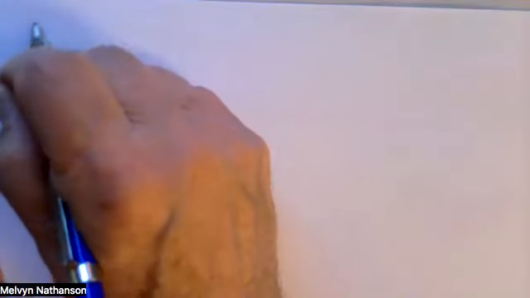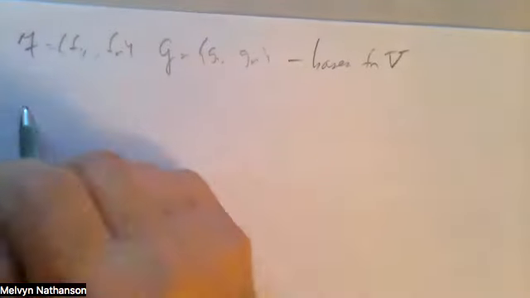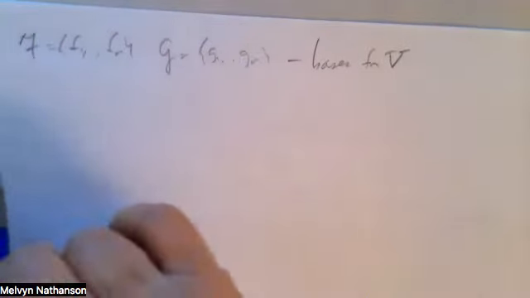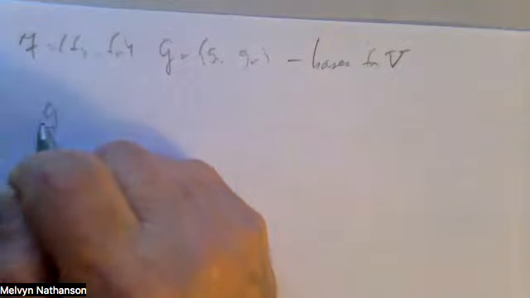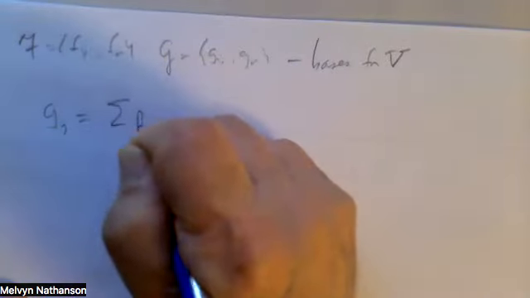So we have F1 up to Fn, and G is G1 up to Gn. And these are different bases for the vector space V. So for every vector in G, you can write every G_j as some linear combination, sum of P_ij f_i, i goes from 1 up to n.